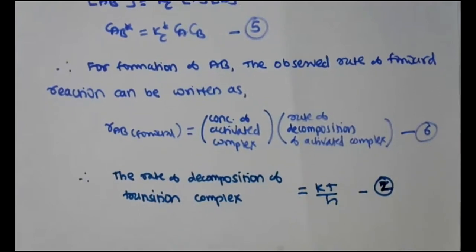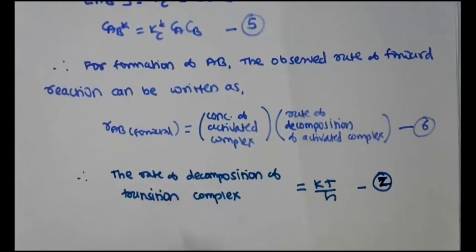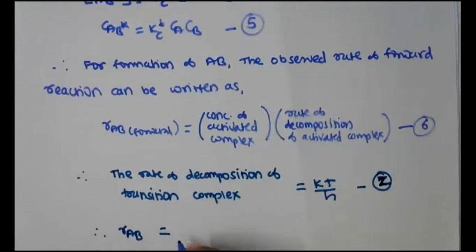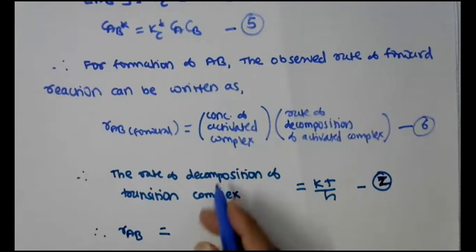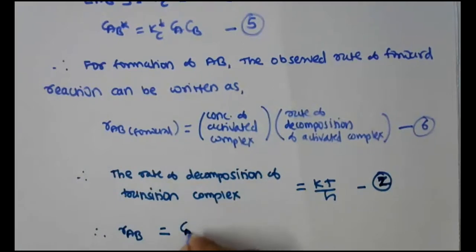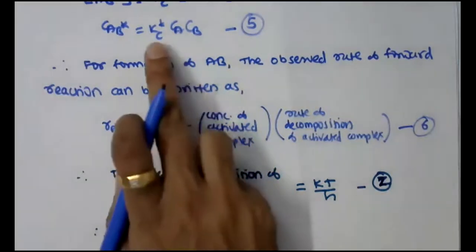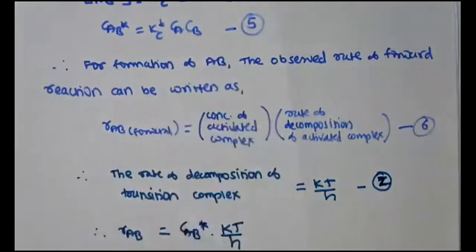We can rewrite equation 6 as rate of forward reaction AB is equal to concentration of activated complex CAB star multiplied by rate of decomposition of activated complex Kt by H. Now in place of CAB star, we'll substitute this Kc star Ca Cb, and we'll try to simplify it.